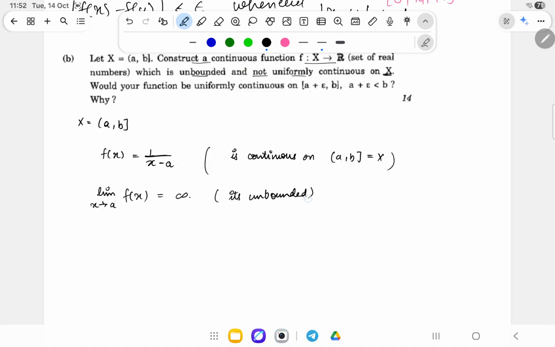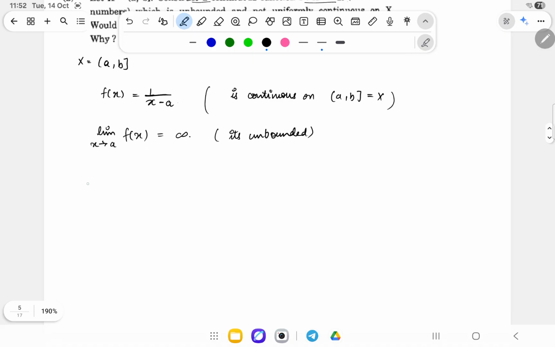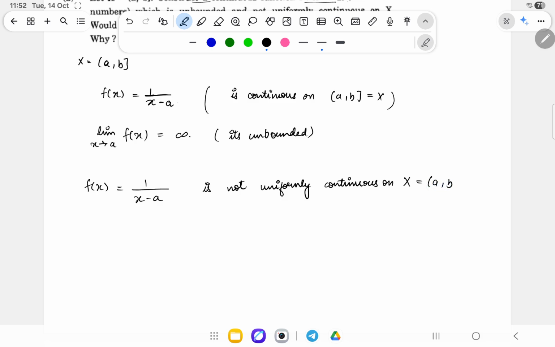Also, it further asks us to show that the function is not uniformly continuous on X. Now we'll show that f(x), that is 1 by (x minus a), is not uniformly continuous on X, that is (a, b].